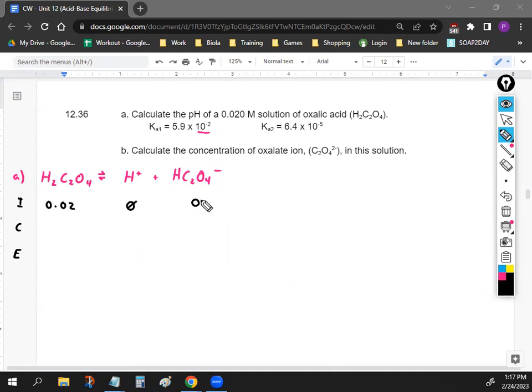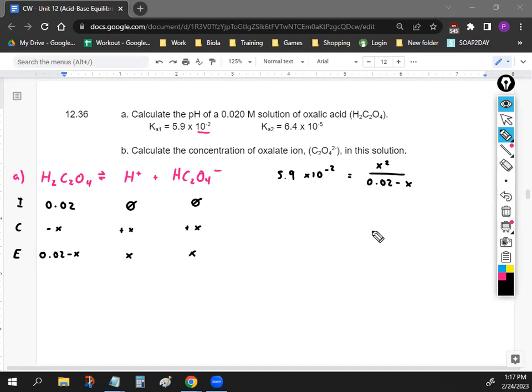We don't have anything for the others. So we're going to lose some of the acid and gain the other two compounds, so you get 0.02 minus X, X, and X. For our Ka value, Ka1 is 5.9 times 10 to the negative 2. The top is going to be X squared divided by 0.02 minus X.